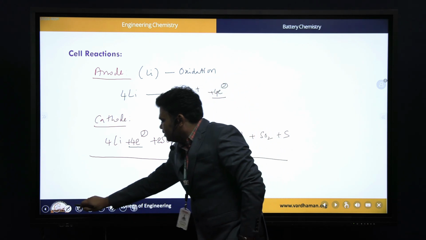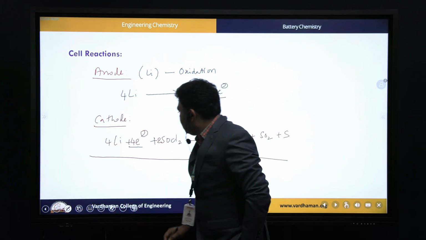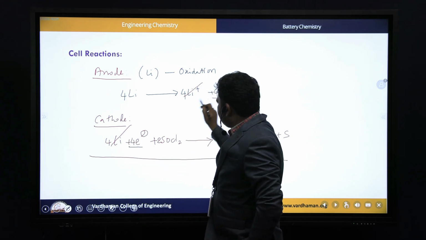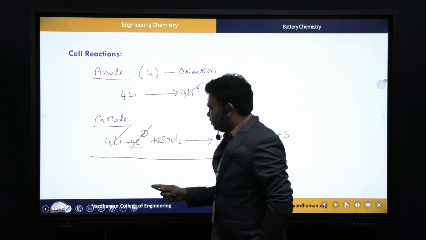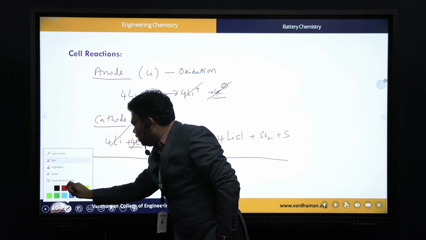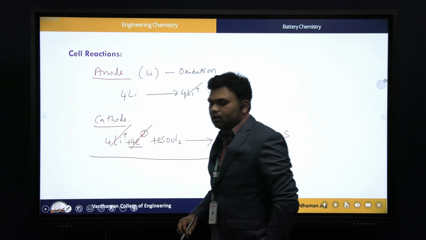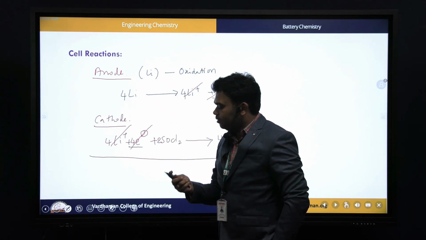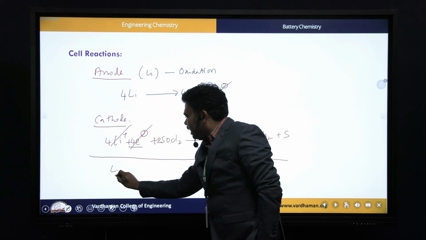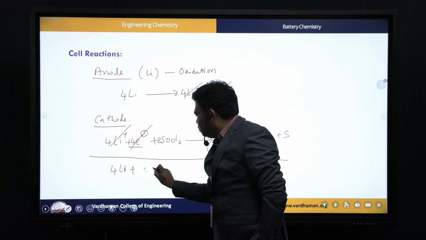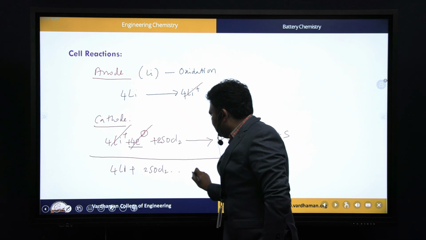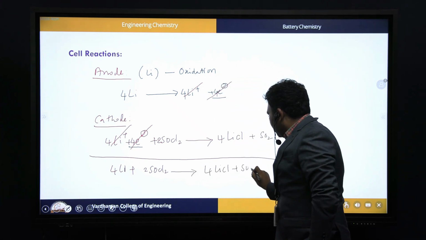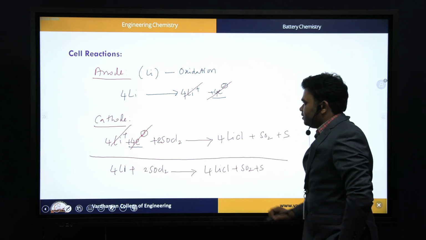Here 4 Li+ get cancelled, and 4 electrons get cancelled. Then the net reaction is 4 Li plus 2 SOCl2 gives rise to 4 LiCl plus SO2 plus S.